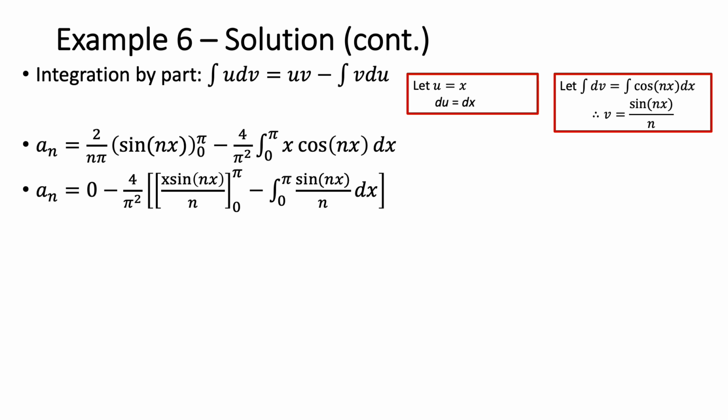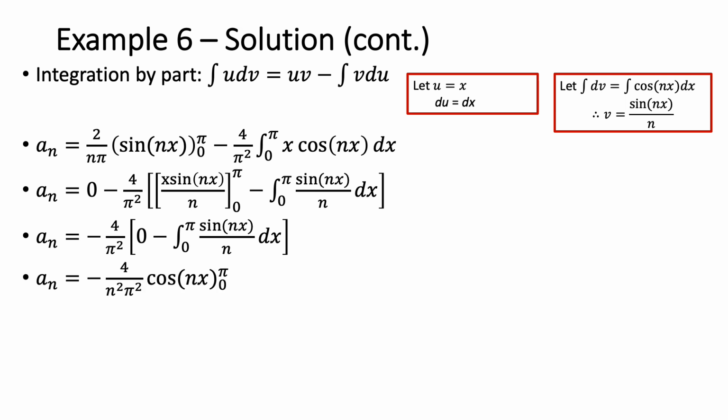For the second term, we have minus 4 over pi square times x sin nx over n for 0 to pi minus integral 0 to pi sin nx over n dx. We simplify the equation.